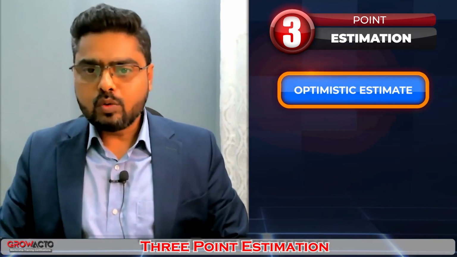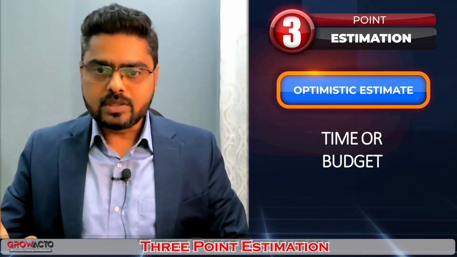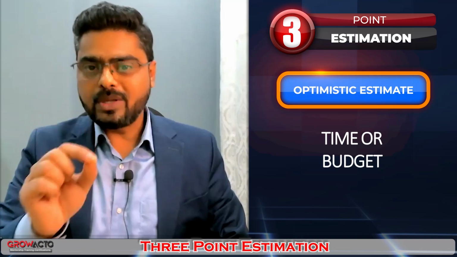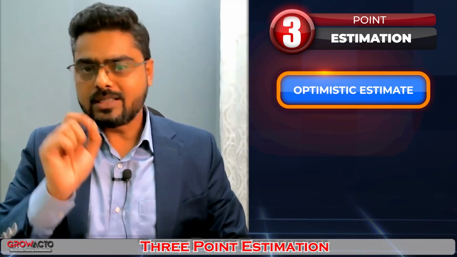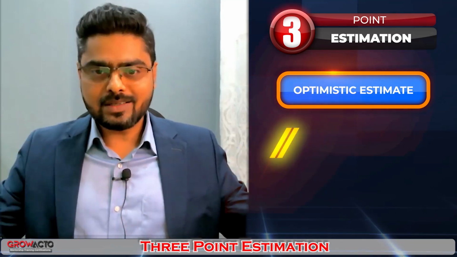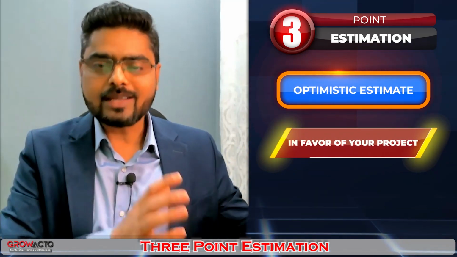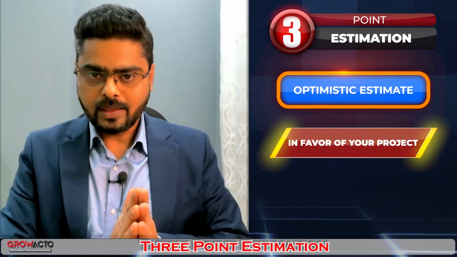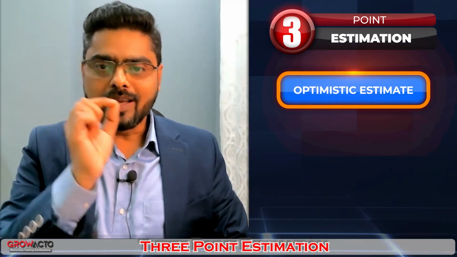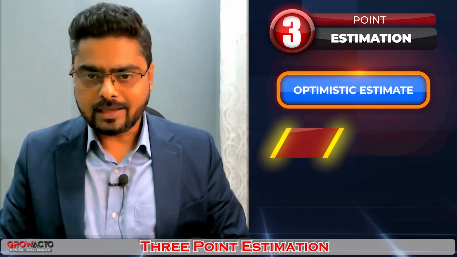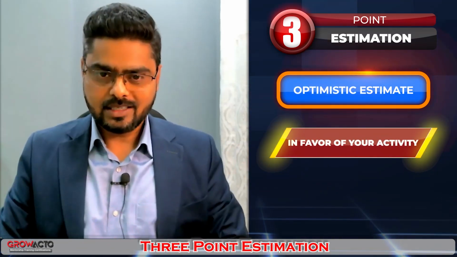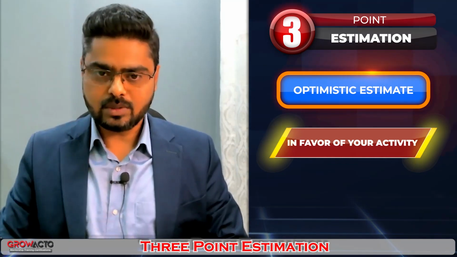When you are calculating time or budget for your project, you will consider the optimistic estimate first, where you consider everything is in favor of your activity or your project. Everything is going in favor of that activity. There would be no obstacles, there would be no challenges. So that is the optimistic estimate.